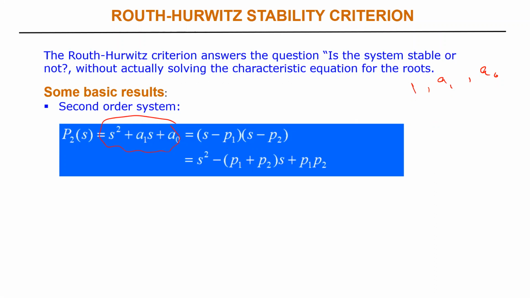Now, for the roots to be in the left side, all the signs in here must be the same. For example, I have two roots. Suppose P1 is positive, but P2 is negative.